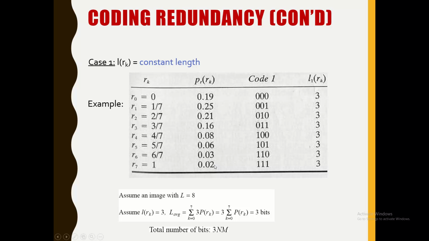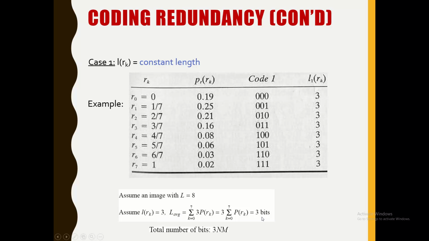Now, if we go for code word 1, then 0 will be represented by 000, similarly 1 by 001, then 2 by 010. So we represent it in binary, and we need 3 bits for each number representation. The total number of gray levels is 8, so l(rk) is 3 bits.